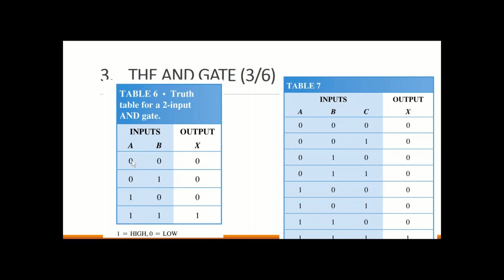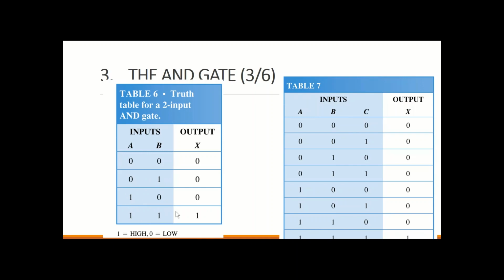So 0 comes with 0, 0 comes with 1, 1 comes with 0, 1 comes with 1. In order for you to cover all these cases, it's easiest to go 0, 0, 1, 1, or if you like 1, 1, 0, 0, then 0, 1, 0, 1, or 1, 0, 1, 0. It's up to you, but traditionally it goes this way: 0, 0, 1, 1, then the next one, 0, 1, 0, 1. You cover all possibilities in this case.